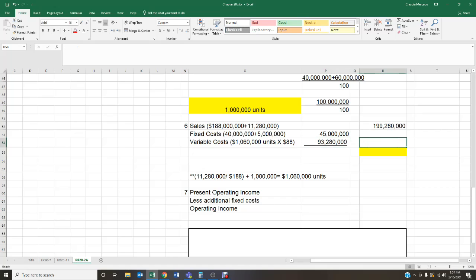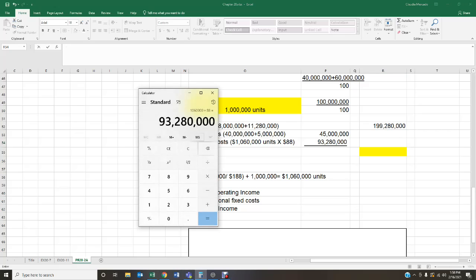So then your total cost, and because these are costs, I'm gonna add them together and put them in parentheses. Let me just add them here on the calculator. 45 million plus 93,280,000 gives me 138,280,000.